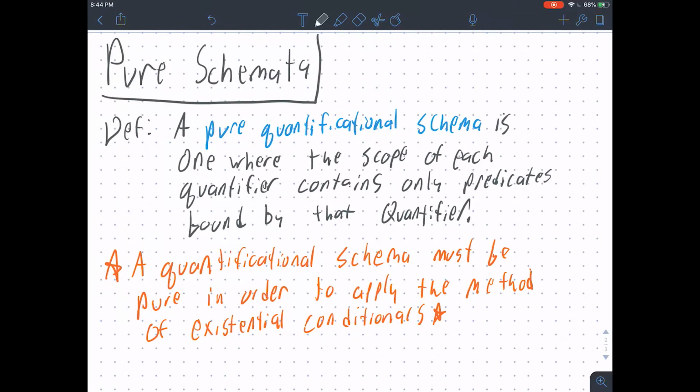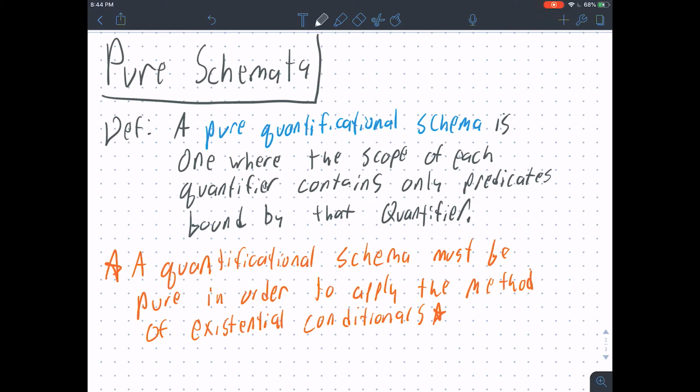One of the forms that we'll be converting to, and the one that we have the most obvious reason right now to want to convert to, is known as a pure or purified schema. The definition is: a pure quantificational schema is one where the scope of each quantifier contains only predicates bound by that quantifier.